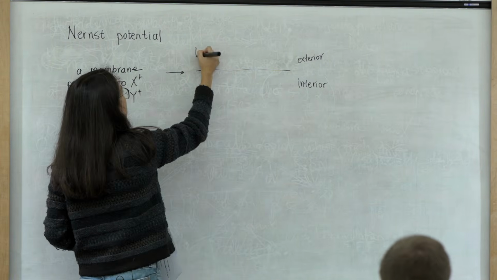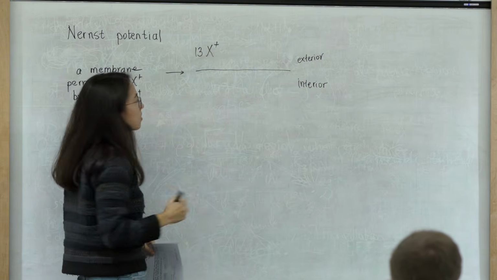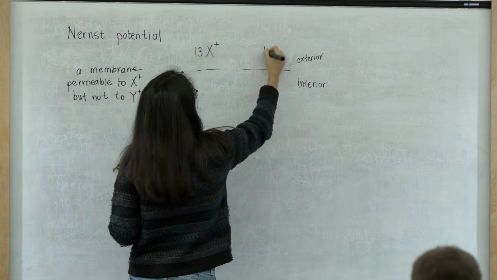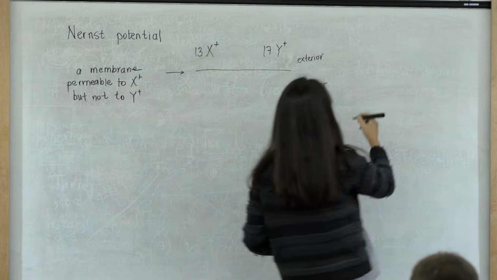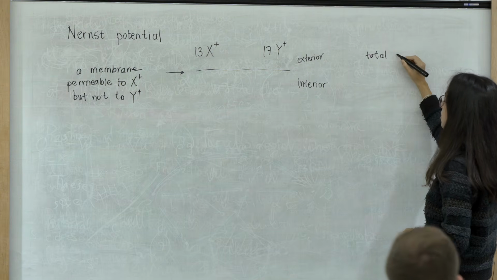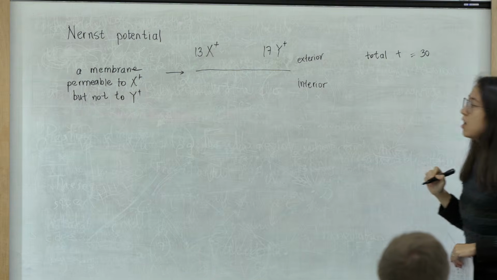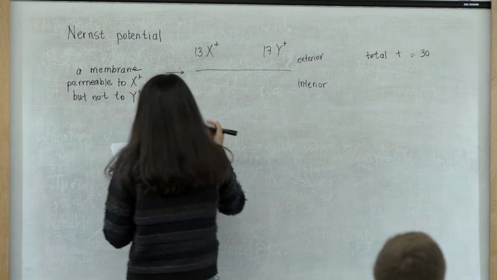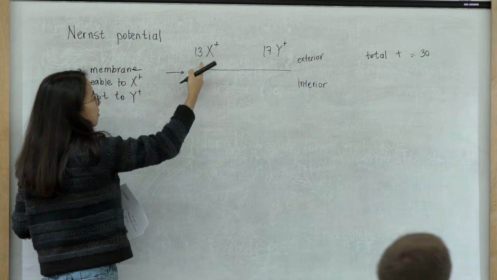And I will say that in this example, we have 13 X plus ions, and I have 17 Y plus. So this means that in total, I have how many positive charges? 30, right? Okay, now in the interior of the cell, now due to diffusion, I want to move from high to low.